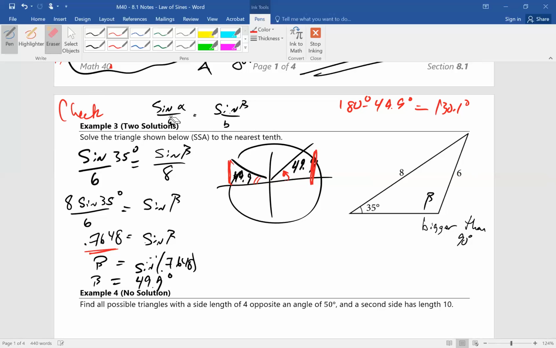Let me erase this stuff, my little formula thing I had up here. And this is called the ambiguous case because you don't know which case you have. But your check to see if it works is, hey, if I have 180 degrees, that's all the angles can be in a triangle. If I subtract this, and then I also subtract this 35, does it work?